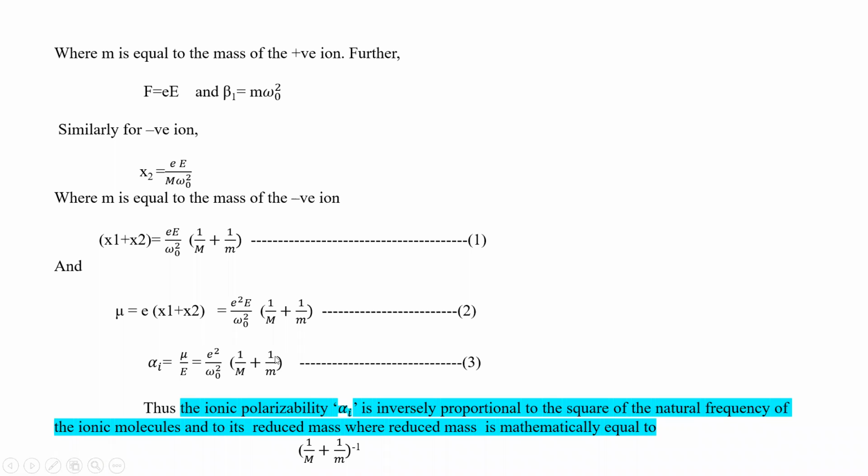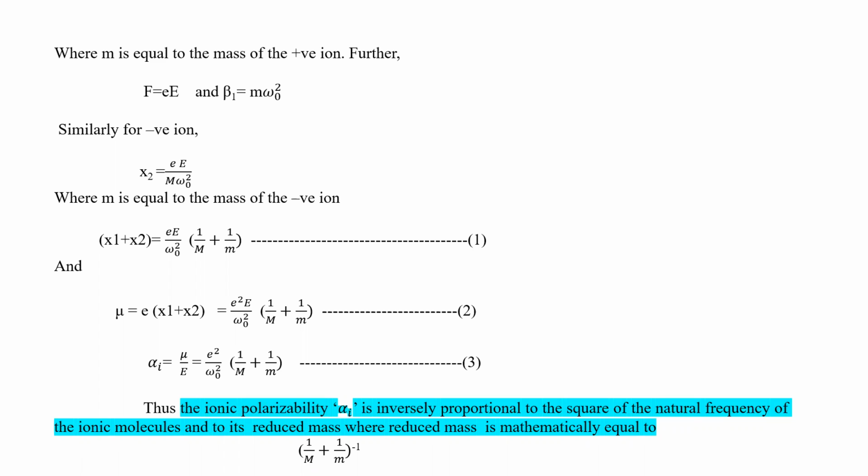But that value is mathematically 1 by M plus 1 by m whole power minus 1. Okay, so this is actually mu என்று சொல்லுவோம். அதாவது reduced massங்கிறது என்னன்னா, positive ionக்கும் negative ionக்கும் இடையில், supposed to be fixing with one individual mass, they are connecting with the individual mass, is called reduced mass.